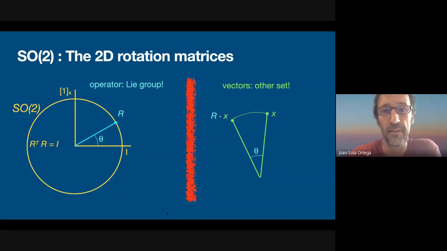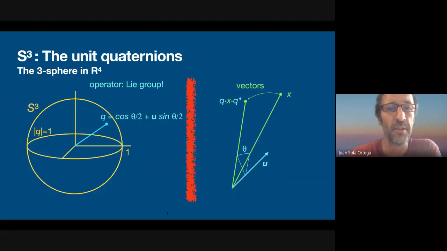Let me now change to a new group, which is the unit quaternions. They are used in robotics for 3D rotation, the same way as 3D rotation matrices are used. If I were to draw the rotated vectors in the same space as the Lie group of the quaternions, I would not be able to make this drawing in the same place.